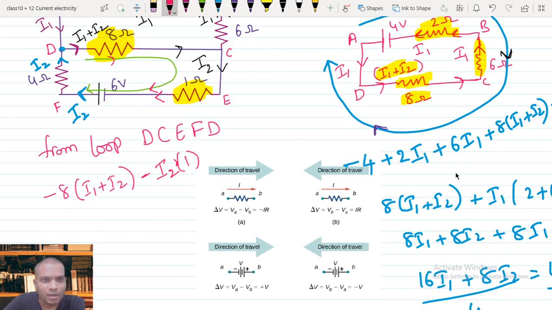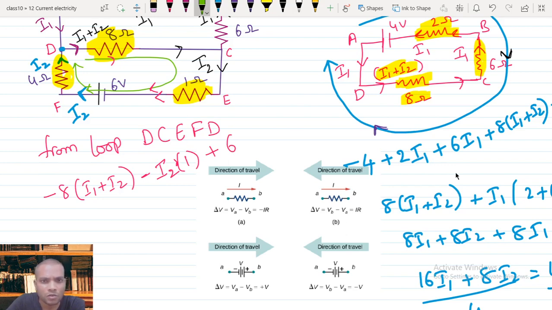Now finally at the cell, I am crossing the cell from negative to positive. So if we cross a cell from negative to positive, we need to take that as a positive value, so positive 6 itself. And across the final resistance, the 4 ohm resistance, if I finish the loop like this, the current direction and direction of travel are again the same.